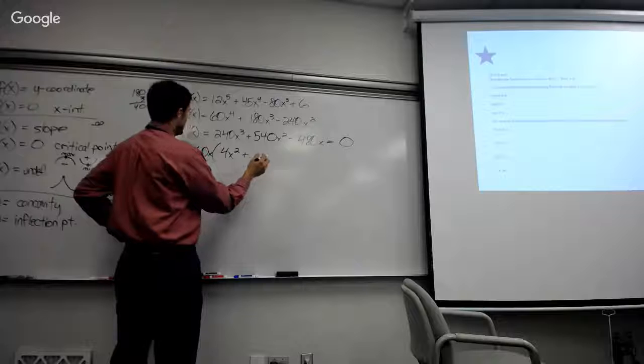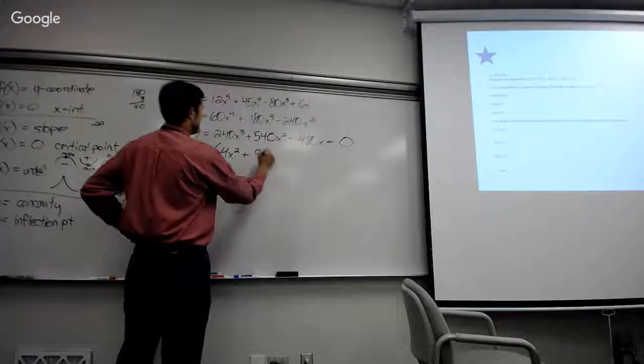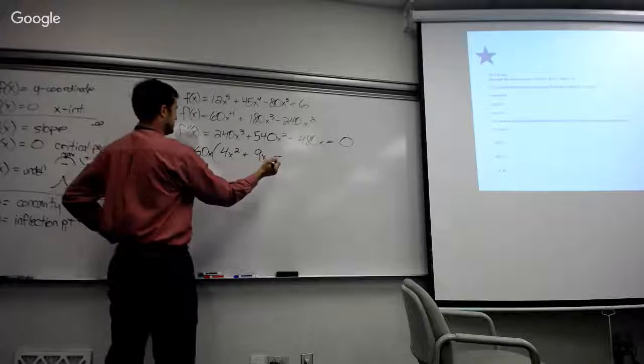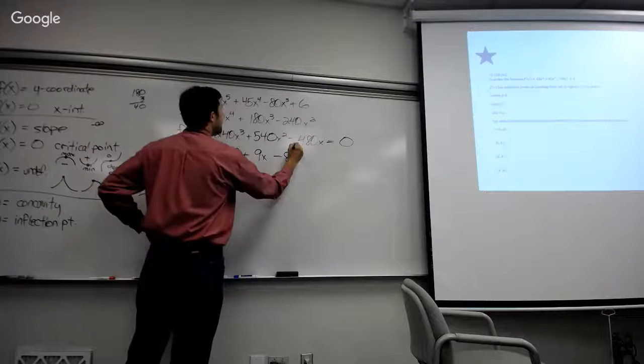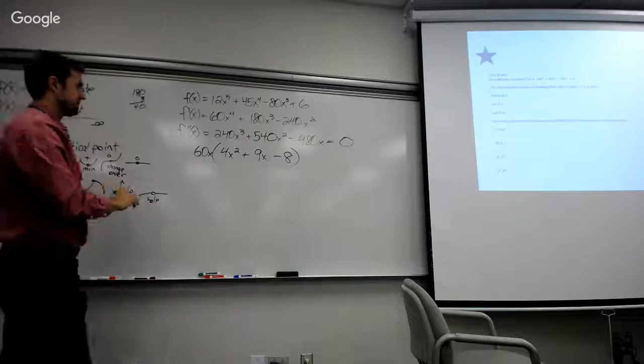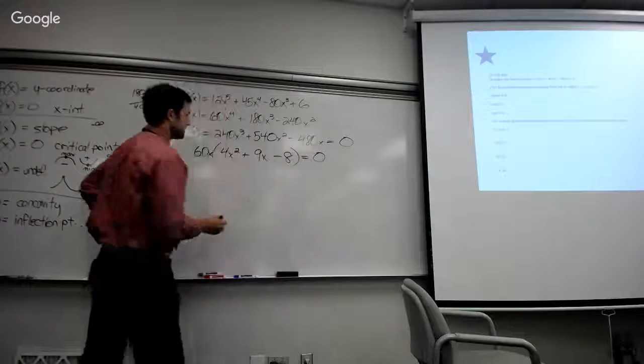And so what does that leave us with? 4x squared plus 9x plus 8. Is that correct? Yes, it is correct: 240, 540, 480. Okay, that's correct. And we want to set that equal to 0.